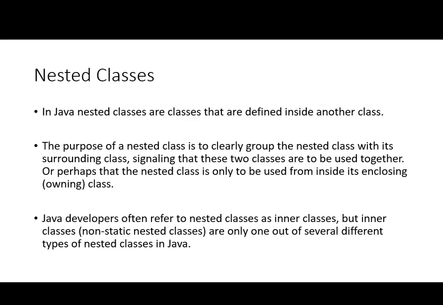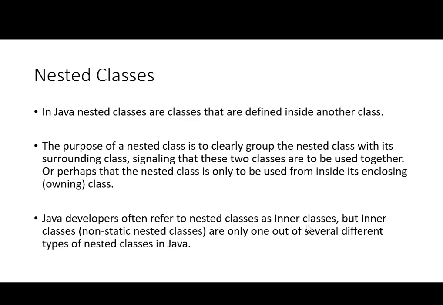Java developers often refer to nested classes as inner classes. So whenever someone talks about a nested class, the Java developer is going to understand that you are talking about inner classes.